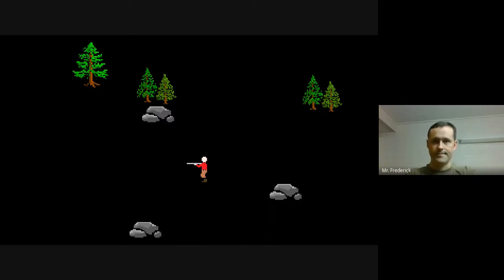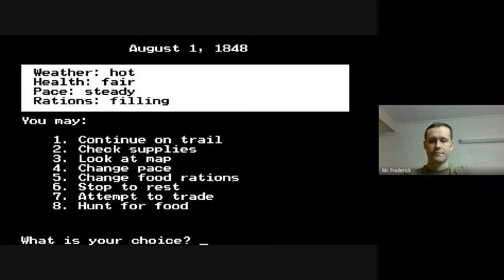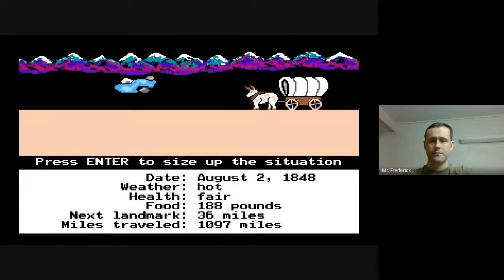This is not good. I'm probably going to have to hunt every 4 or 5 days now going forward. Health is fair, but I really can't afford to slow down.